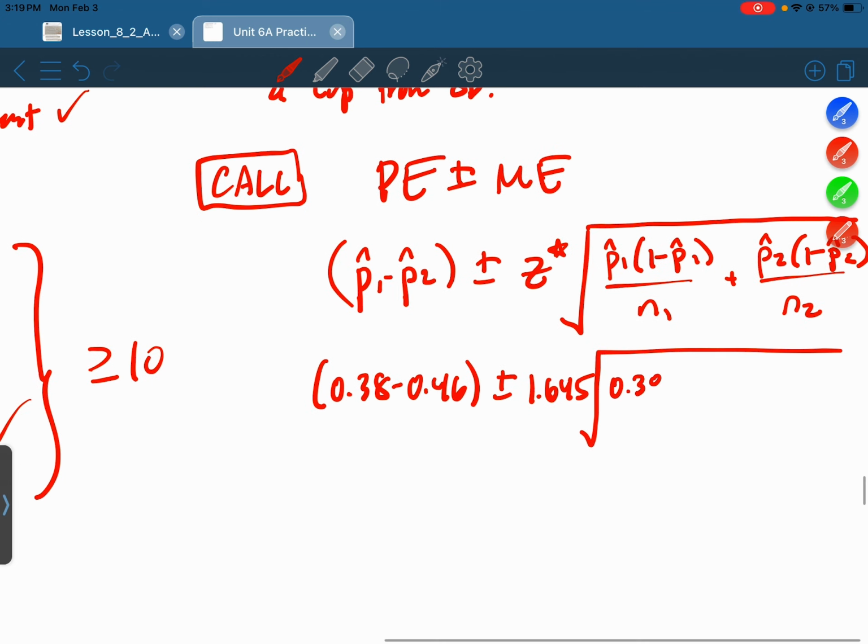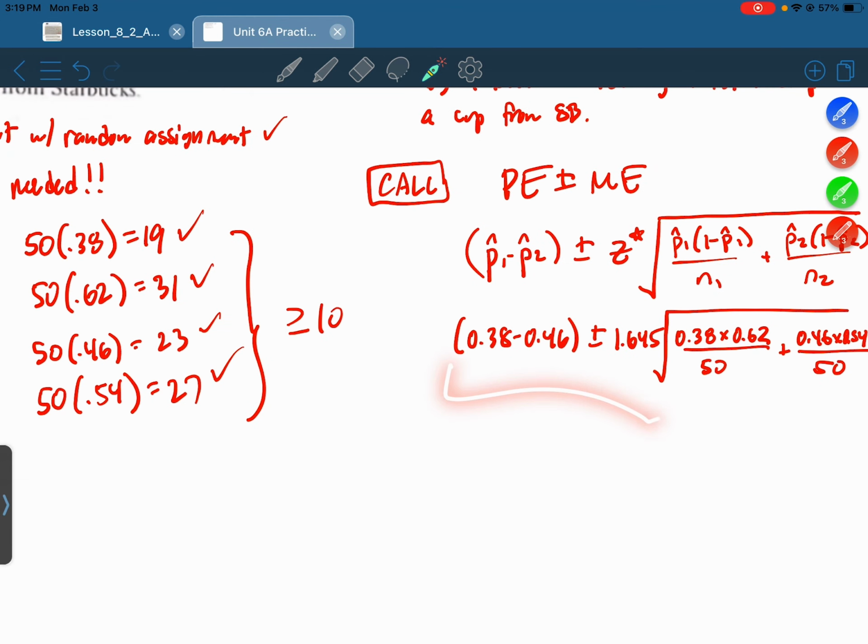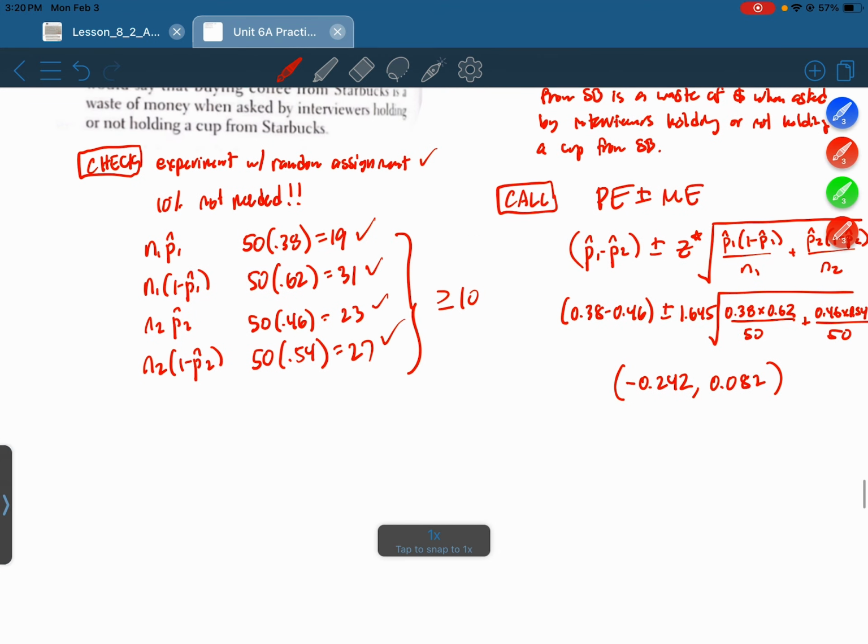So this will be 0.38 times 0.62 over 50, and then 0.46 times 0.54 over 50 as well. All right, and at this point, I'm just going to go ahead and type this whole thing into my calculator. Well, I have to do it separately. So once when I subtract, and a second time where I add. Okay, so after doing the calculations, I got negative 0.242 for one endpoint and 0.082 for the second endpoint.